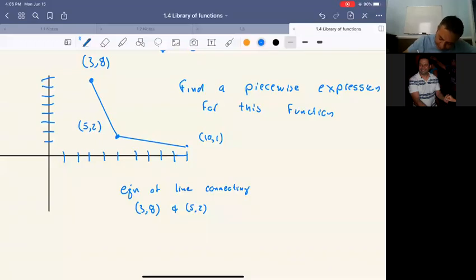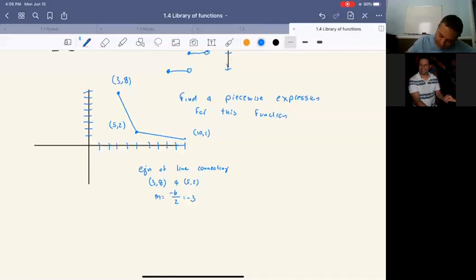Well, our slope is going to be 2 minus 8 is negative 6. 5 minus 3 is 2, so that's negative 3. I want you to notice something. This decreases, and so you have a negative slope, so that makes sense.